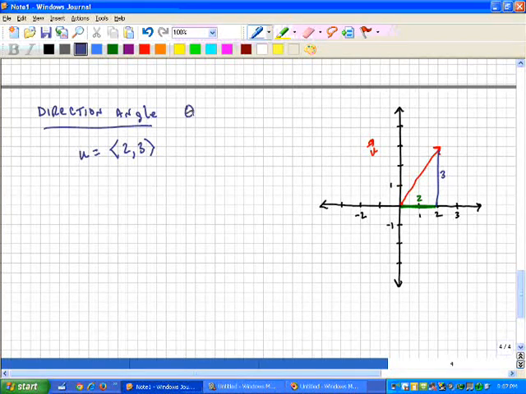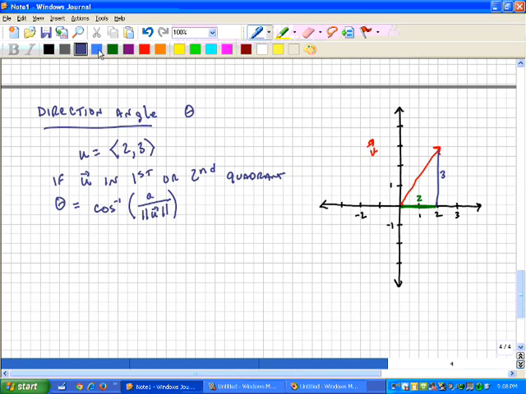The direction angle theta can be found if, when placed with its initial point at the origin, if the vector lies in the first or second quadrant, then the direction angle theta is equal to the cosine inverse of A, the horizontal component, over the magnitude of the vector.